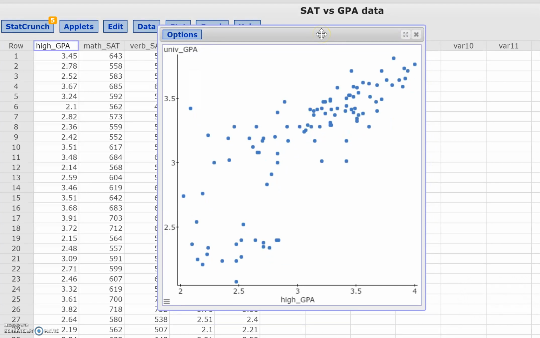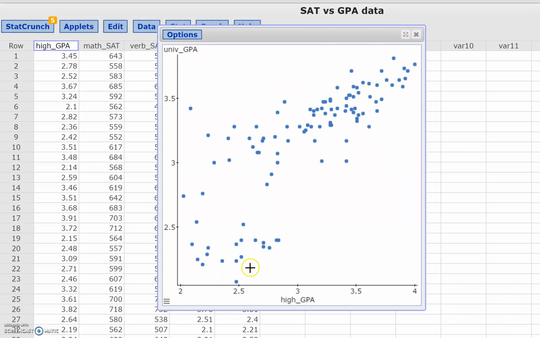What we see looks to be fairly linear, right? We've got a nice linear positive relationship. We do have what Kaylin had said in the first class. We do have some issues here where in the higher GPAs for high school, we're doing a very good job of predicting people's university GPAs.